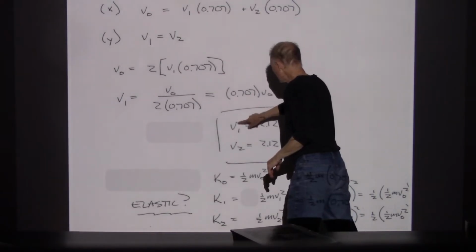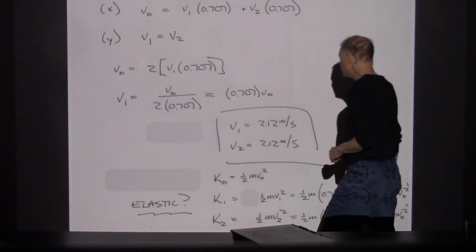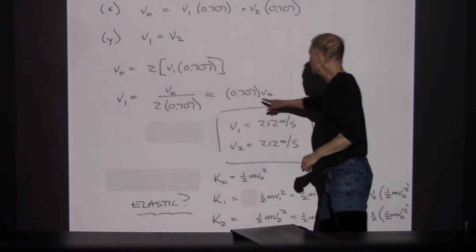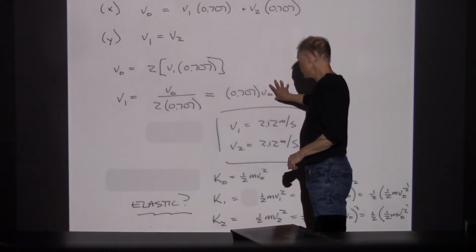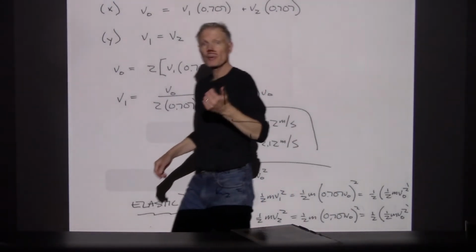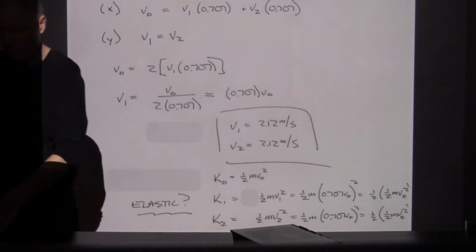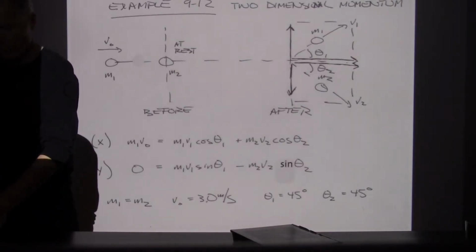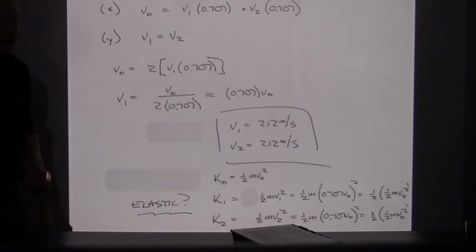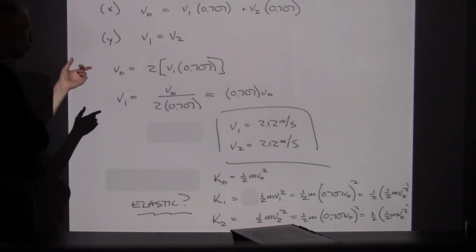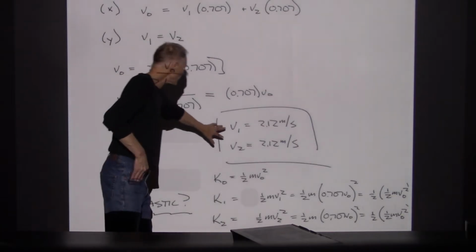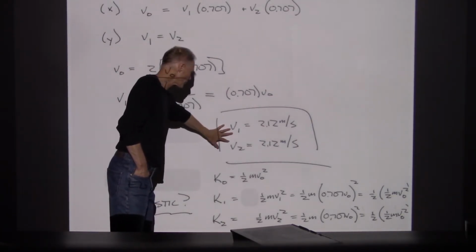And so V1 and V2 each are going to be 0.707 of the initial speed. The initial speed was 3.0 meters per second. If we go back to here, that's how fast they were going, and so here are the final speeds that we ended up with for the two objects.